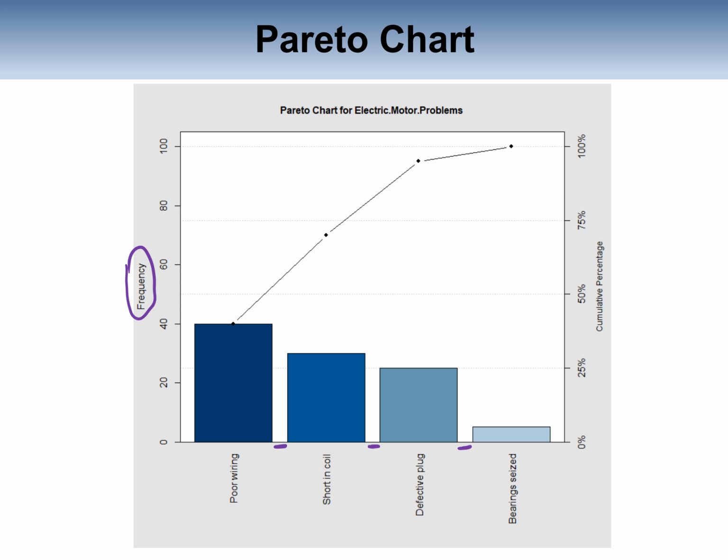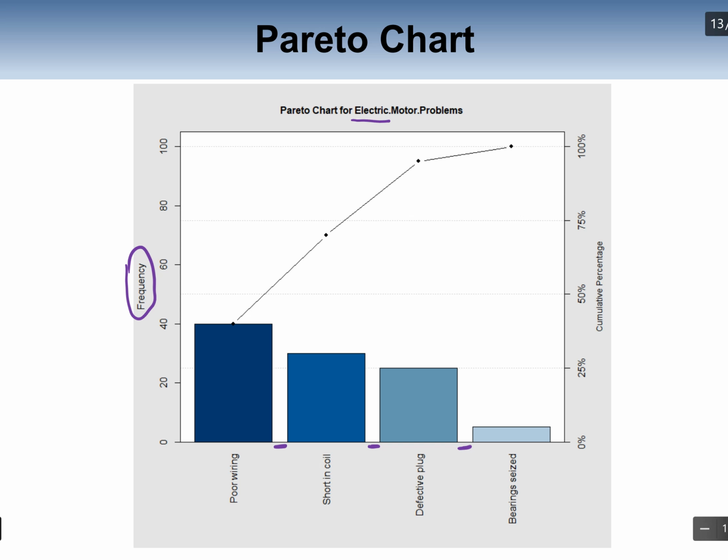Okay, so a Pareto chart is a specific type of bar chart in that it displays the number of the most common types of defects in a company. This is from page 35.